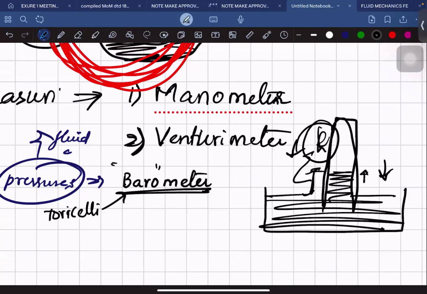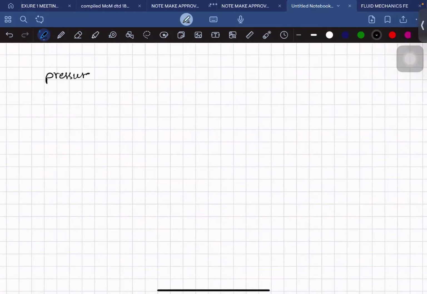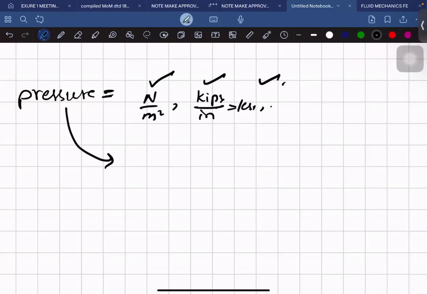Can you guess what the units for pressure are? You already know what the units for pressure are. Tell me. Yes, KSI. Atmosphere. Yes, actually, when I come to statics or mechanics, pressure is nothing but force by area, that is Newton per meter square, or you are right, kilopounds per inch square, that is KSI, and so on. But coming to fluid mechanics, we use bar. Along with this, we use atmospheres.